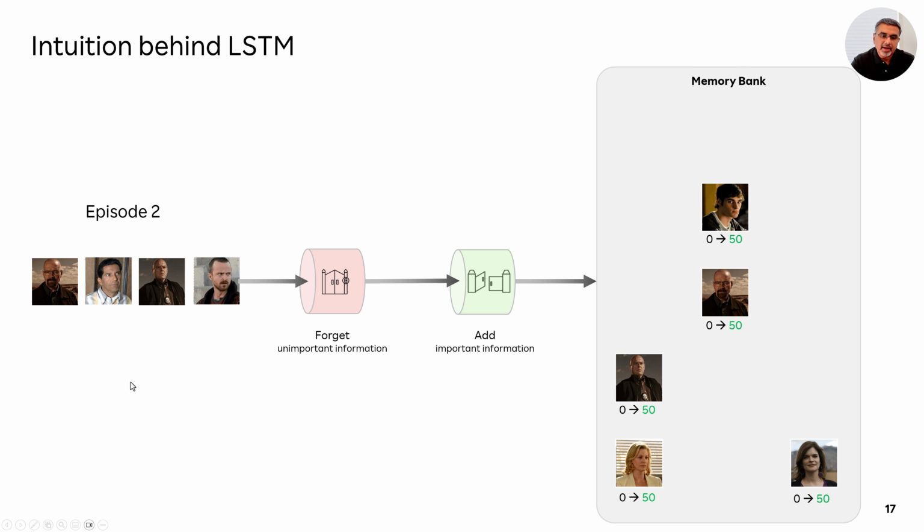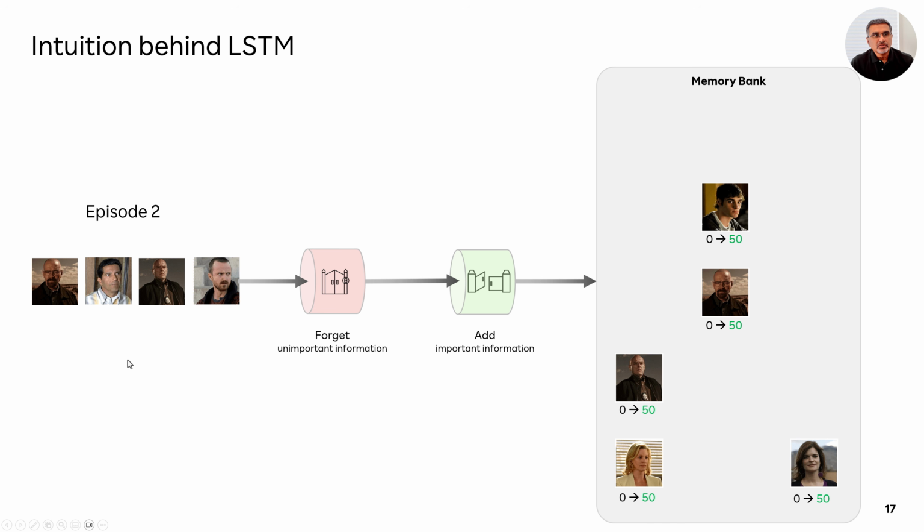Again, we are going back to our measure of how long a person appears in that episode as a measure of how important they are to the storyline. Again, I want to repeat, this is not the right way of measuring it, but it serves the purpose of demonstrating how our brain processes information and how later on an LSTM will build on something like this.